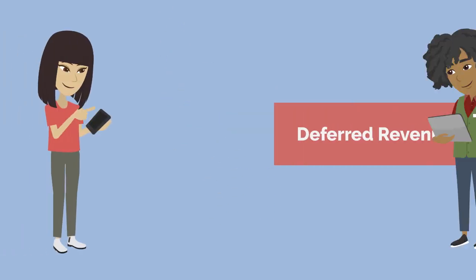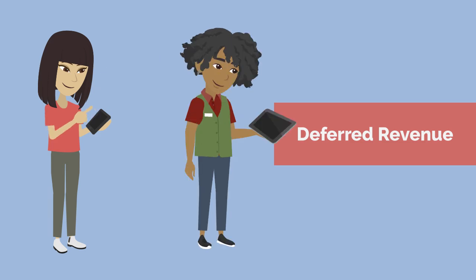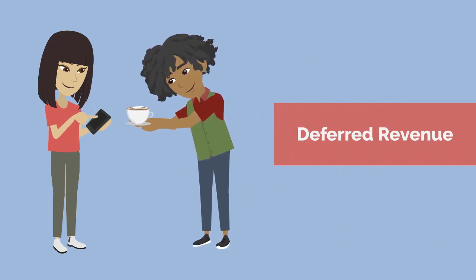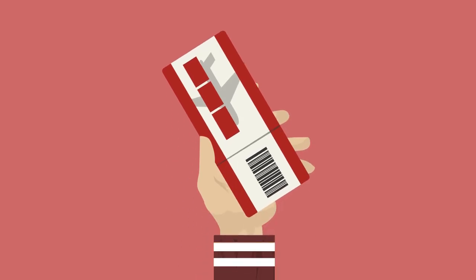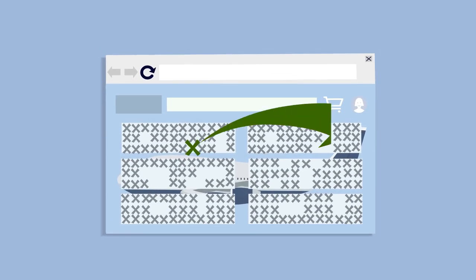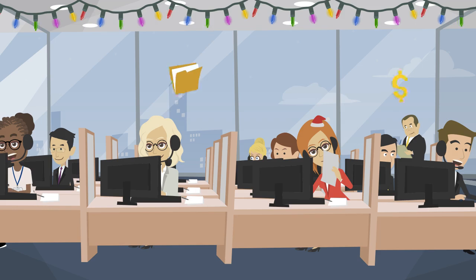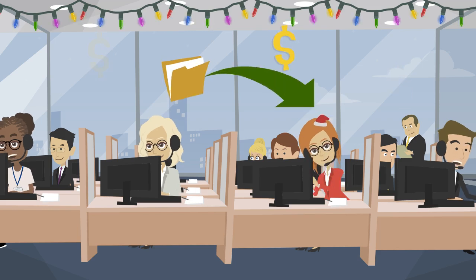So, a firm receives deferred revenue when they receive cash for future goods or services that they still have to deliver, like the sale of a plane ticket. When this happens, the firm makes an initial journal entry to record the cash exchange taking place, as well as an adjusting journal entry later to recognize the transaction taking place.